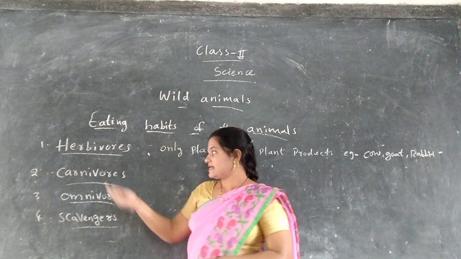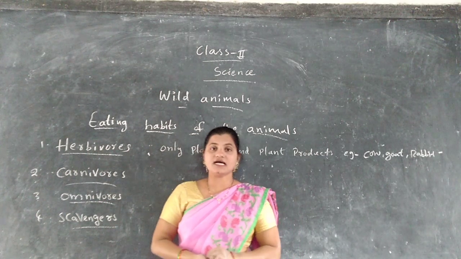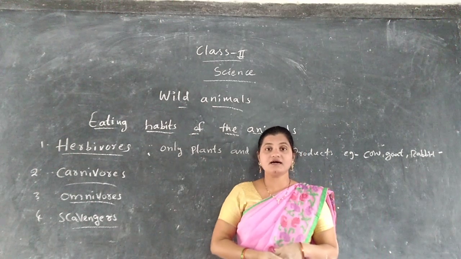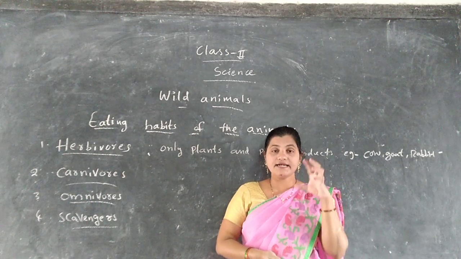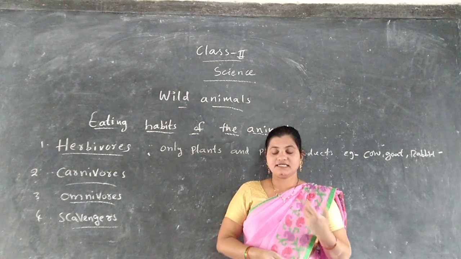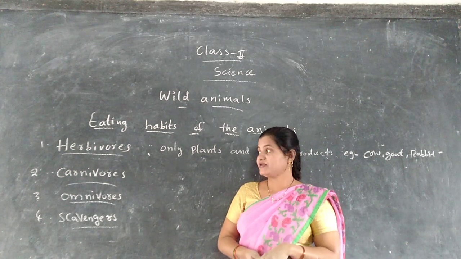Now what are carnivores? Carnivores are the animals that eat only the flesh of other animals. They can hunt and kill the animal and they will eat it. Such types of animals are known as carnivores.